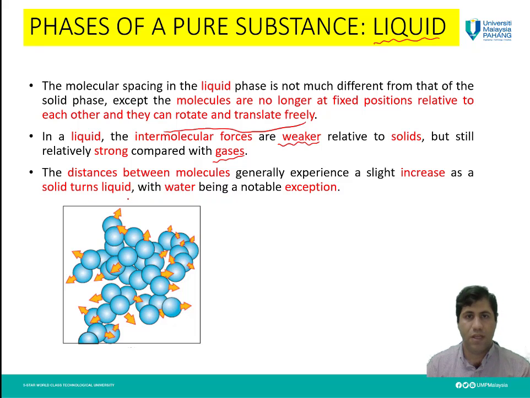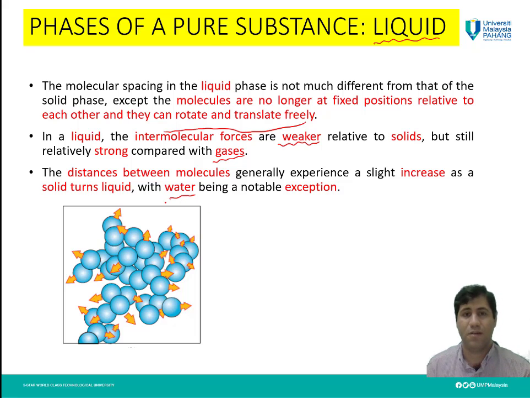Then the volume of a material will increase when its phase is changed from solid to liquid. We have an exception, which is water. When the phase of water is changed from solid to liquid, its volume is decreased. It has some chemical reasons which is out of our scope of this subject.